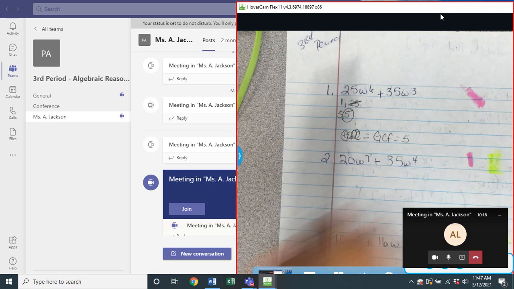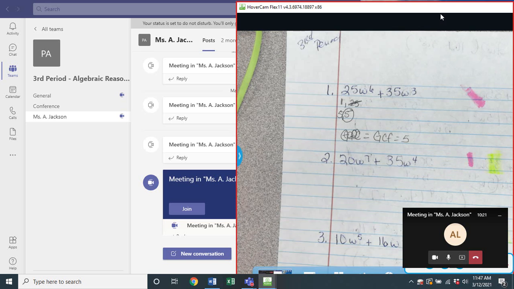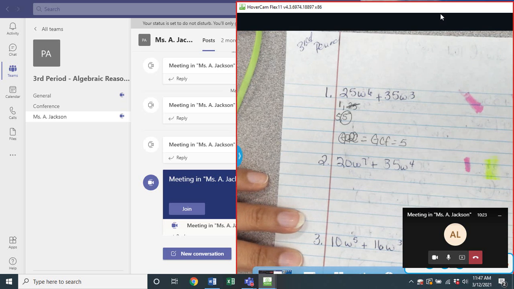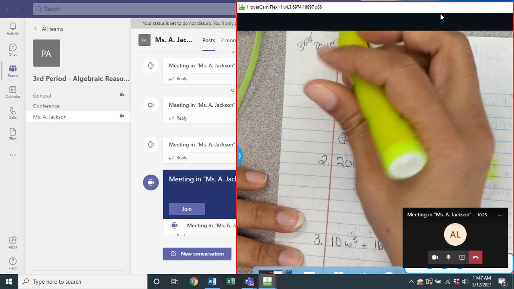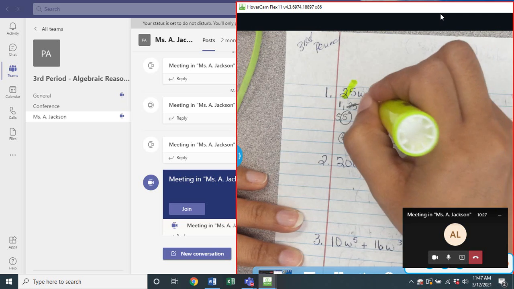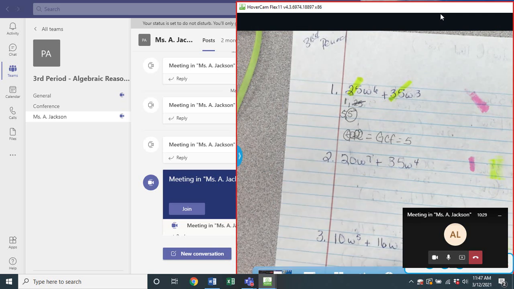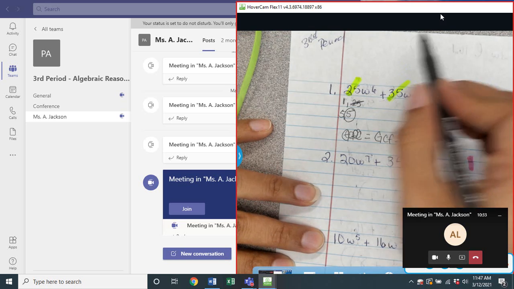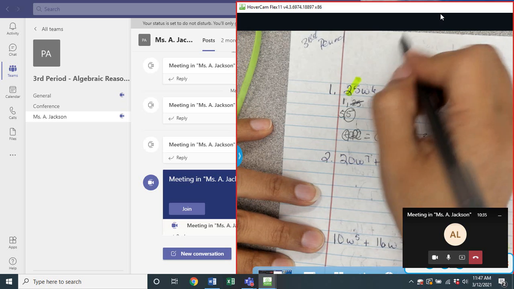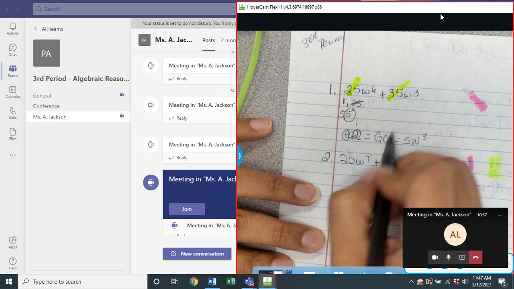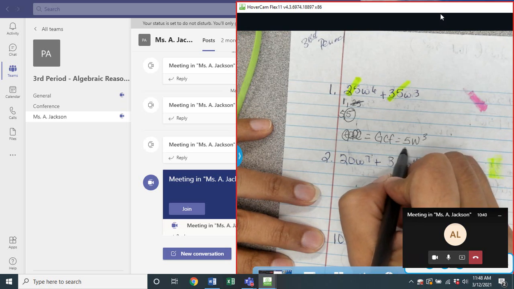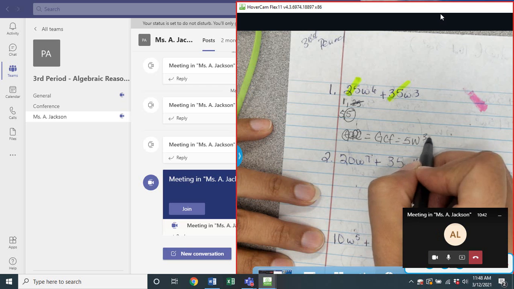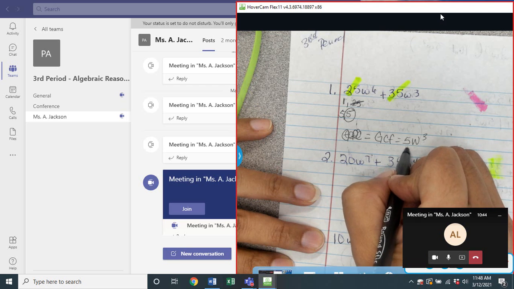Okay, good. So our exponent that we're using is W, what you said? 3, good, yes, that's correct. And so now that we know what our greatest common factor is, which is 5W to the power of 3, we're going to divide this by what?